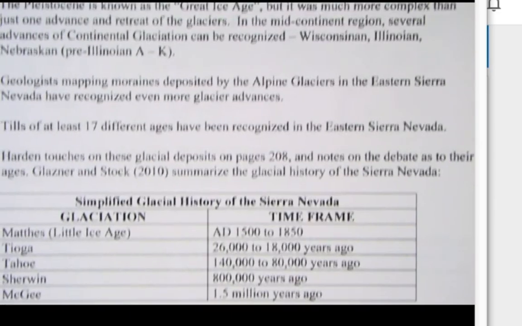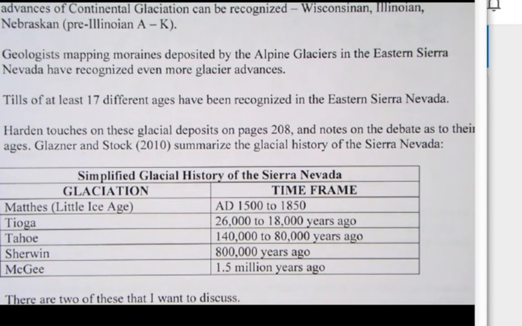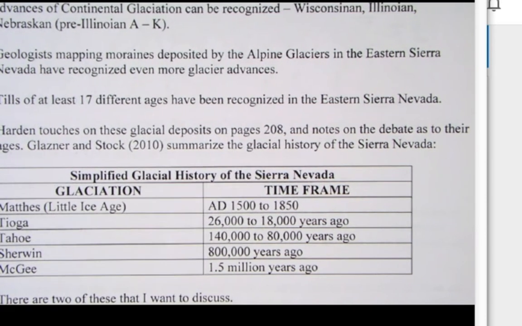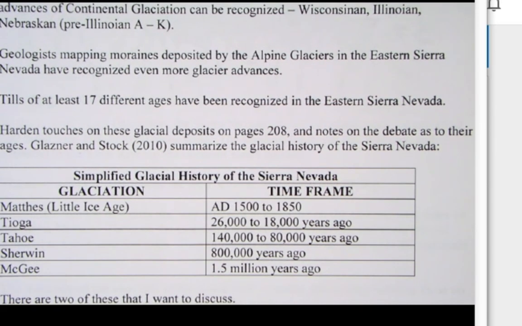Hardin talks about the debate on the ages on page 208, because some of the methods use basically how the till weathers on the moraine crest. If a moraine crest seems to have more exposed boulders, it's probably younger, whereas a moraine crest with boulders being buried is probably older.